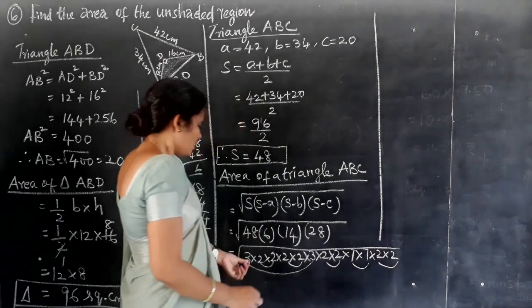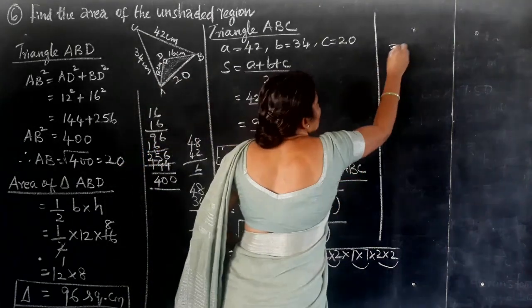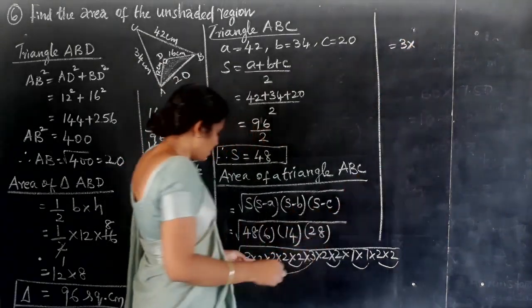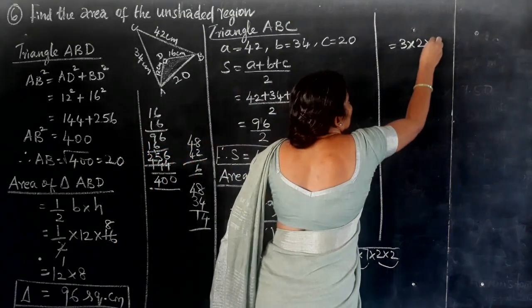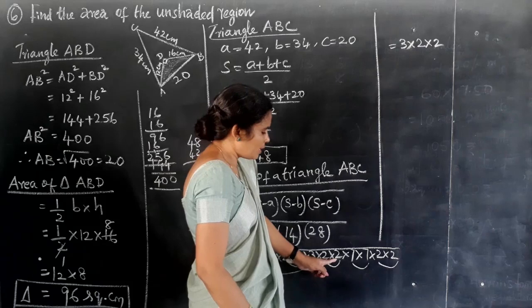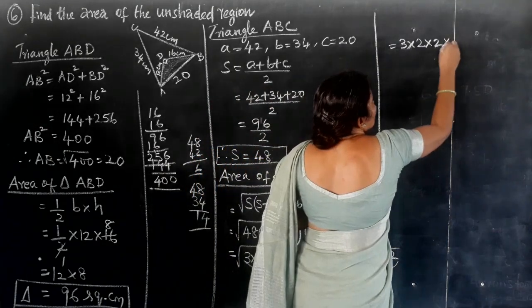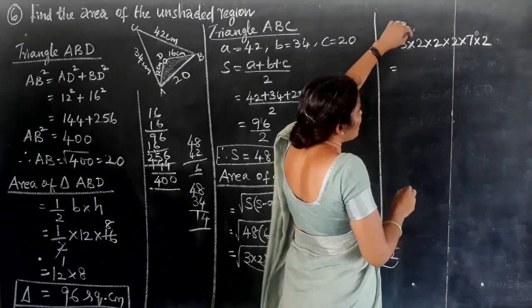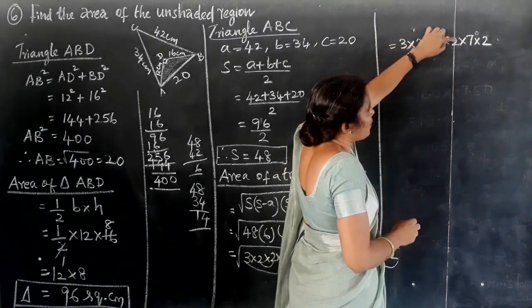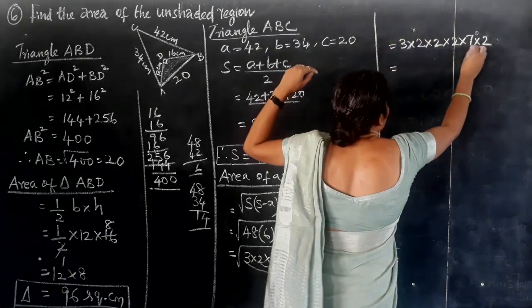Okay, now 3 into 2, 2 into 7 into 2. So 2 3s are 6, 6 2s are 12, 12 2s are 24, 24 into 14.